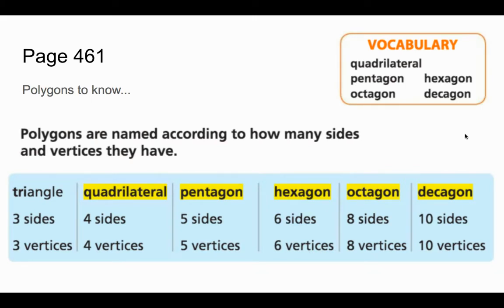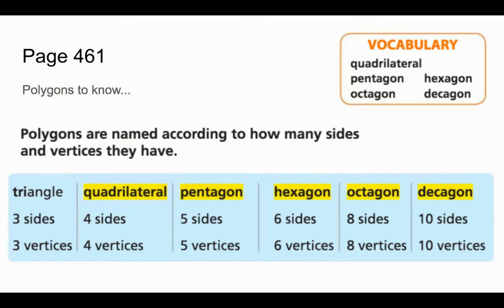So on 461, these are polygons that you need to know. All right, they are named according to how many sides and vertices. There's that word vertex, in plural, vertices, they have. So just a really quick chart here of triangle, quadrilateral, pentagon, hexagon, octagon, and decagon, according to the sides and the vertices. Polygons to know.